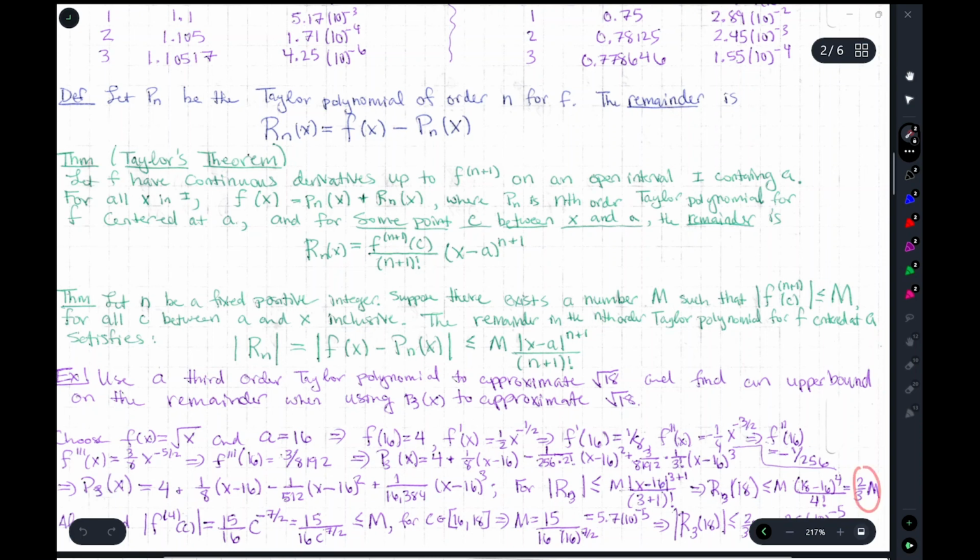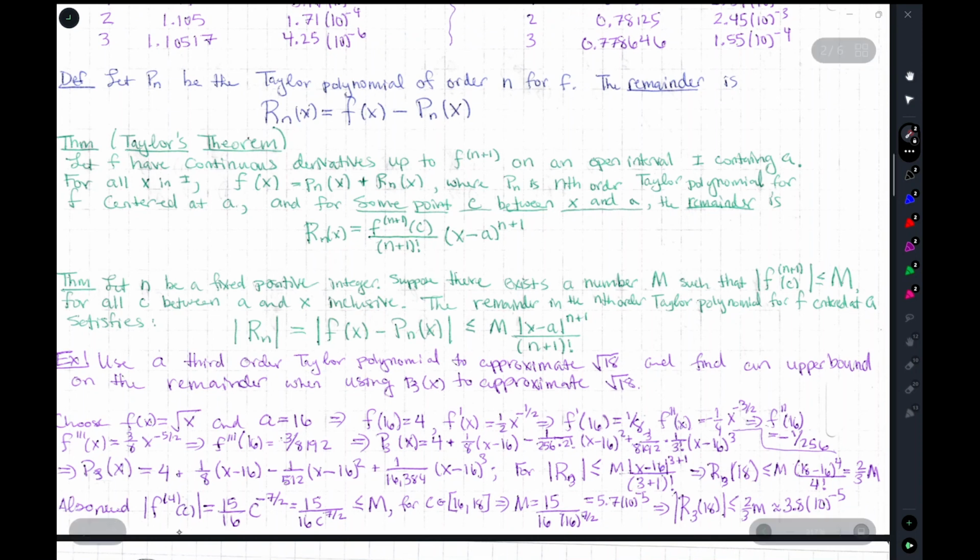And we get this bound. Now what is M? M needs to be the upper bound of the n plus 1 derivative at c. Here n is 3, so we'll take the fourth derivative and plug in c. We take the derivative of this term here, plug in c, and we get this value.